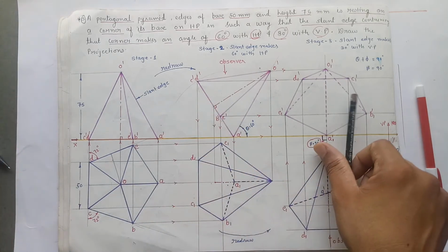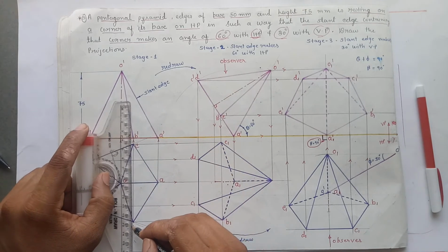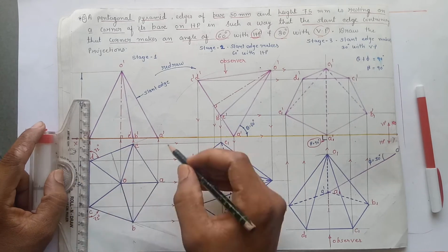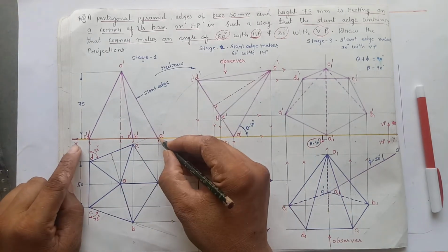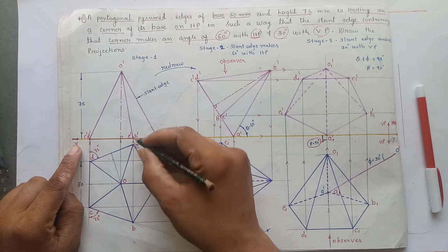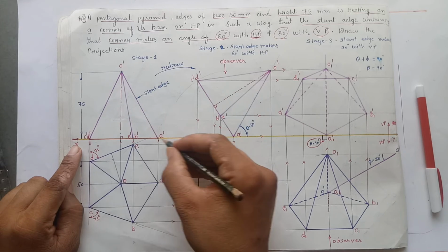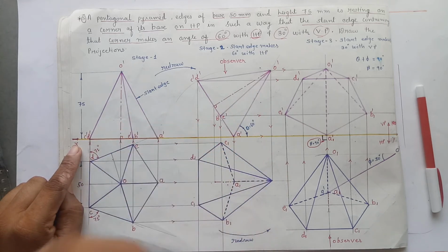Now draw the elevation. For that, project the points upwards, DE, apex point, CD. Make sure that the projection should be perpendicular to the XY line, and mark the points A dash, B dash and E dash, C dash and D dash, and draw the base. The elevation of the base will be a line.